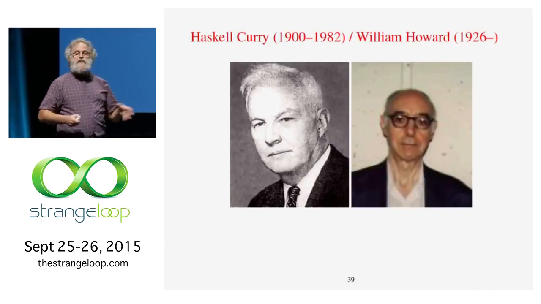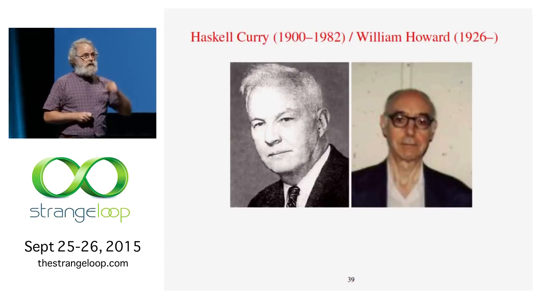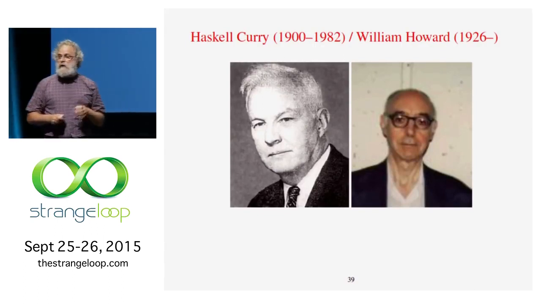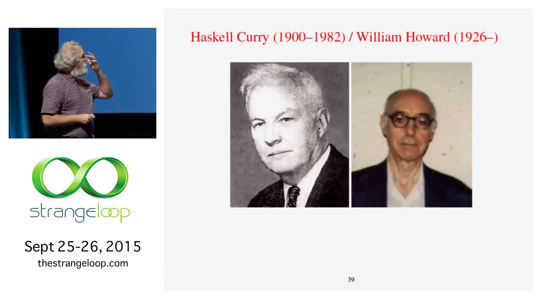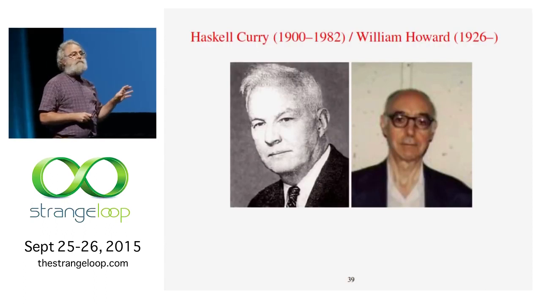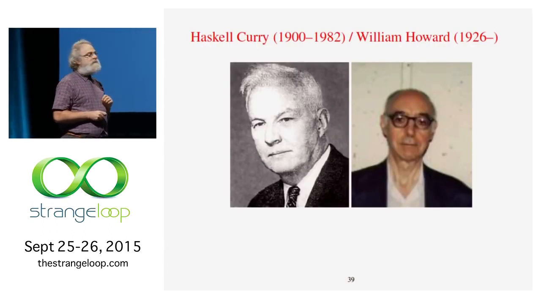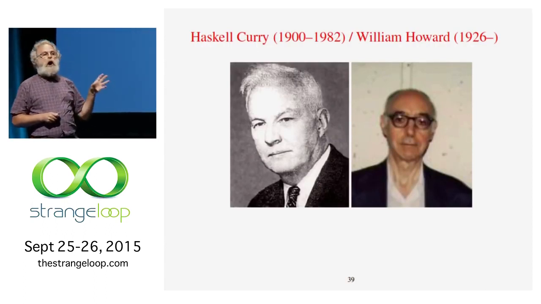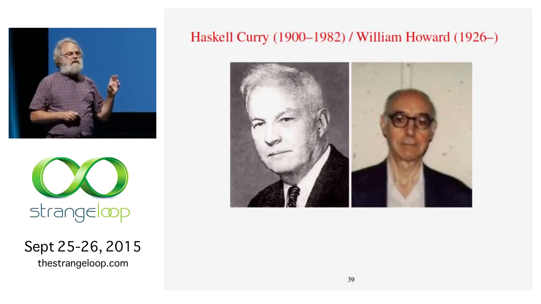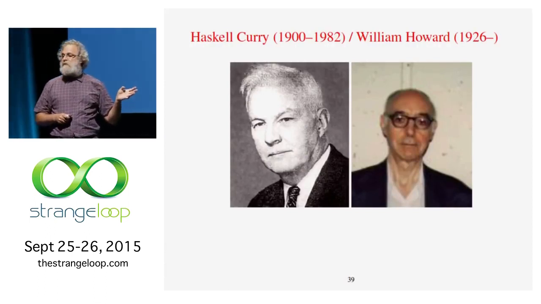So the idea showed up many times in the 20th century. You can find it in the work of Brouwer, Heyting, and Kolmogorov, the intuitionists. But it was noted by Haskell Curry. And then the form that I'm showing you really was clarified by William Howard, who then went on to say, well, wait a minute. If implication and conjunction correspond to these things, what do for all and there exists correspond to?